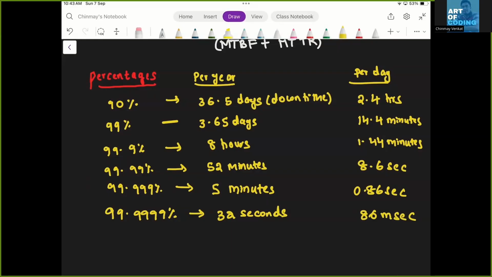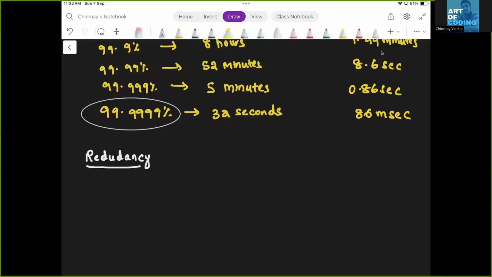Now, how do we make a high availability system? This is very important. How can we convert a system into high availability? To make the system highly available with 99.9999%, which means 32 seconds of downtime per year and just 86 milliseconds per day, the one and only solution is redundancy.